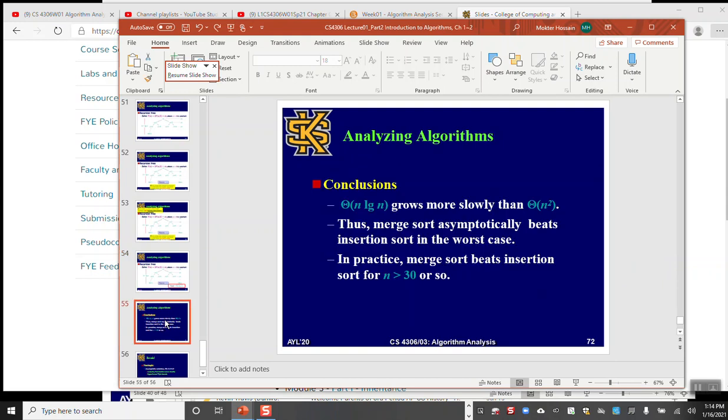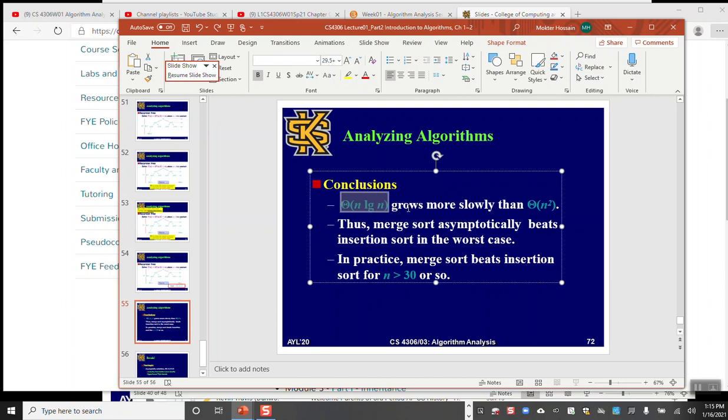Now we can conclude that compared to the insertion sort algorithm that takes theta n squared comparisons, or we say operations, the merge sort algorithm takes n log n.